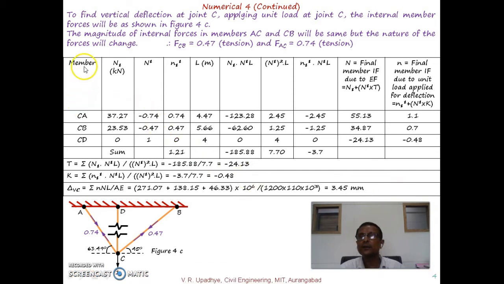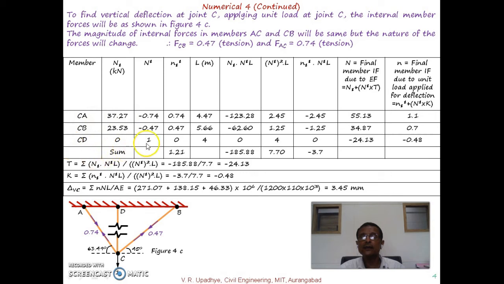And if we then go for that particular table for further calculations, what we can write is first column as member, then second column that gives internal member forces in basic determinate structure due to applied external forces. So that was calculated 37.27 and 23.53. Now over here FCD was removed, hence it is written as 0. Now N dash, this N dash stands for the unit force applied at the position where the member was removed to convert the given structure into a basic determinate structure.